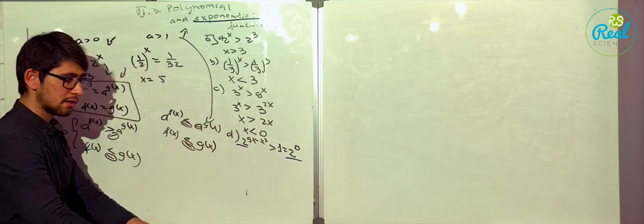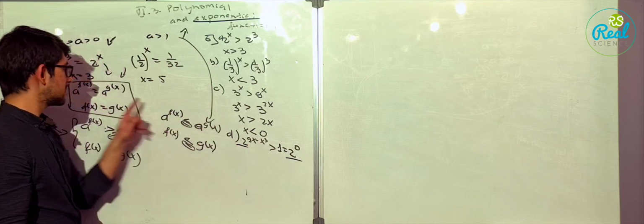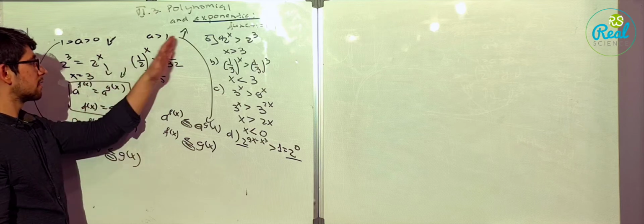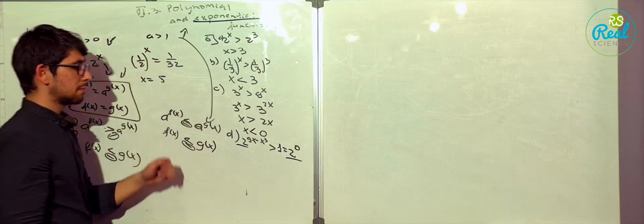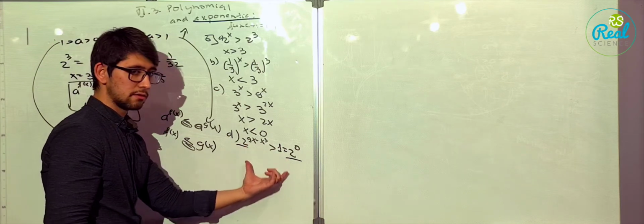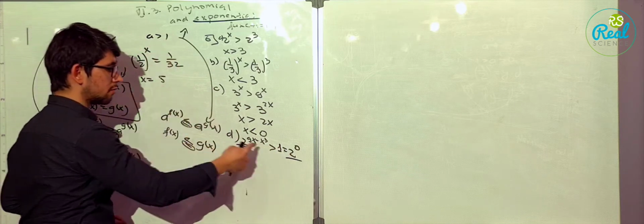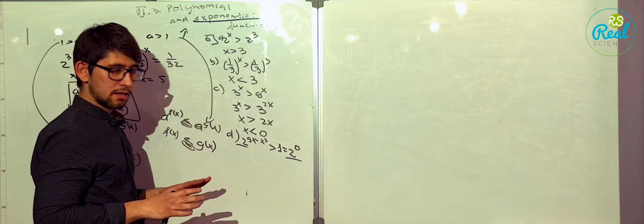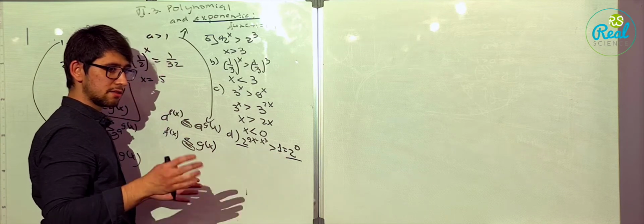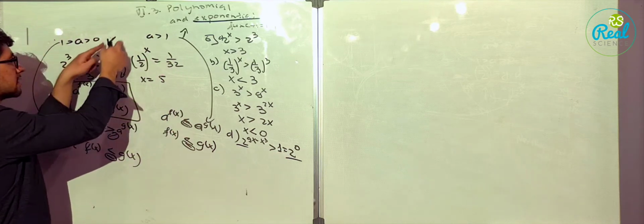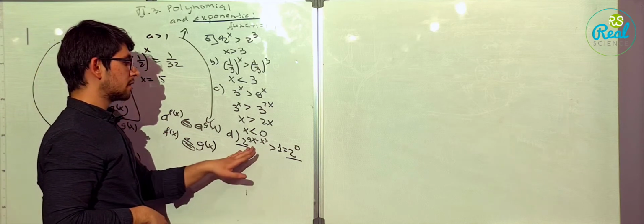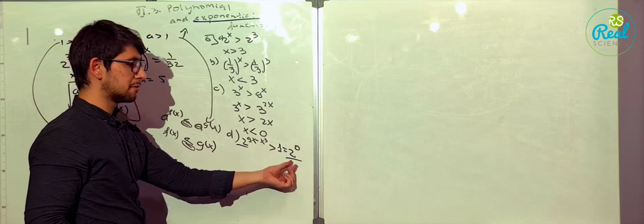You will drop them. For an equation it's the same irrespective of your base. But for an inequality, if your a is greater than 1, your sign will stay as it is. If your a is between 0 and 1, if your function is a decreasing function, you change its sign.